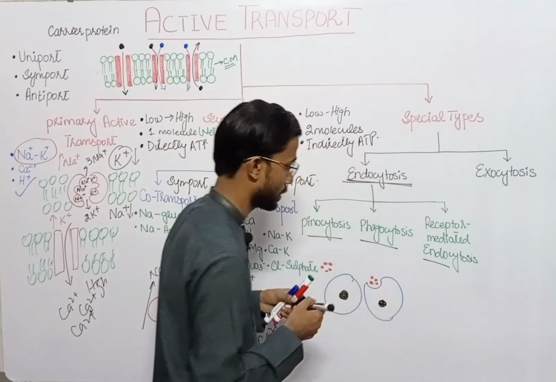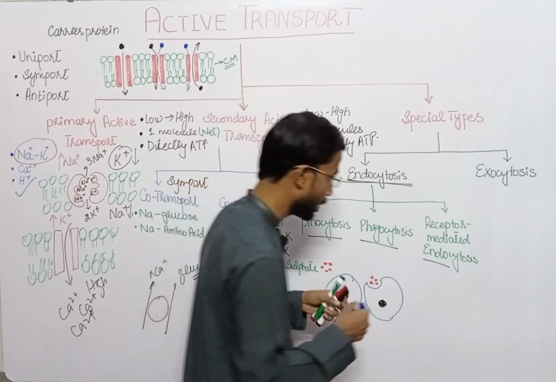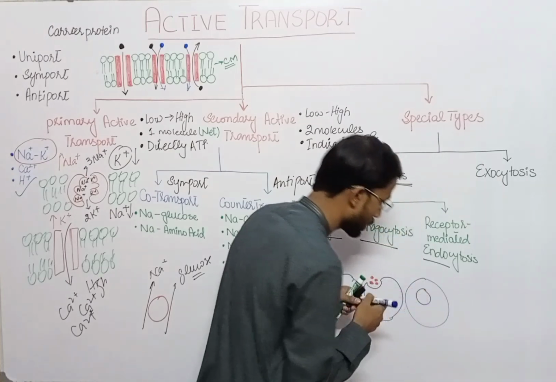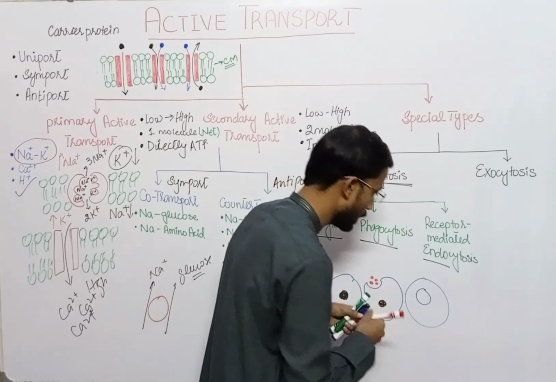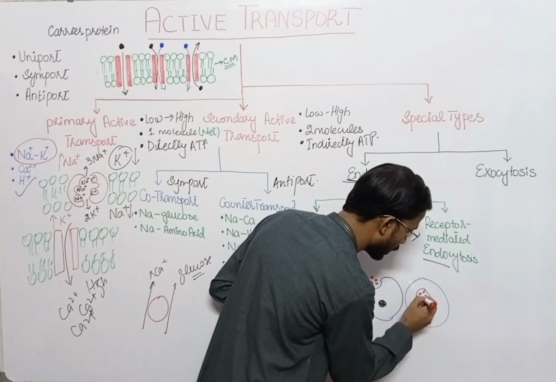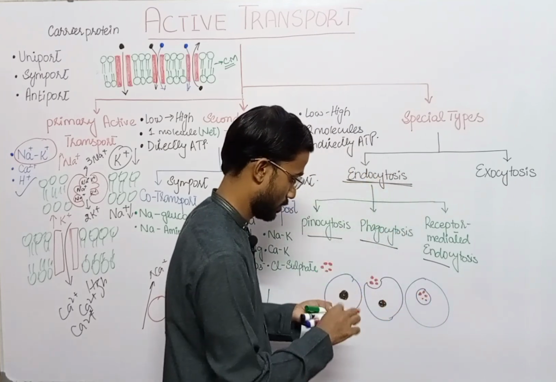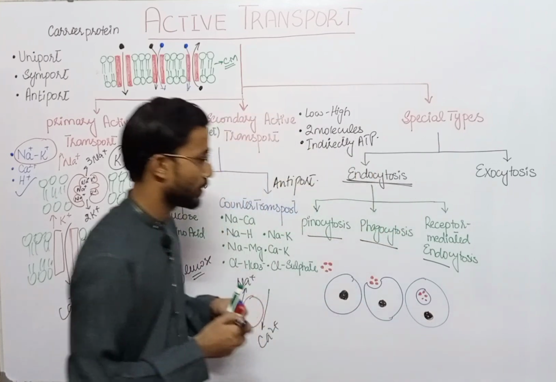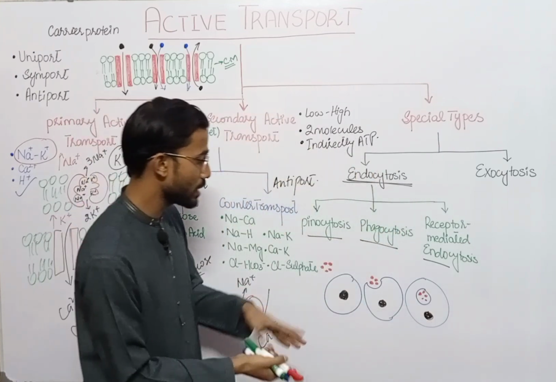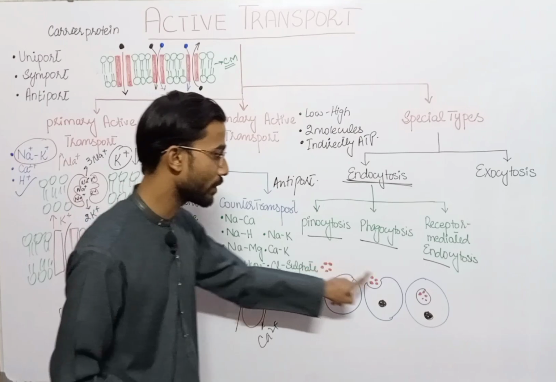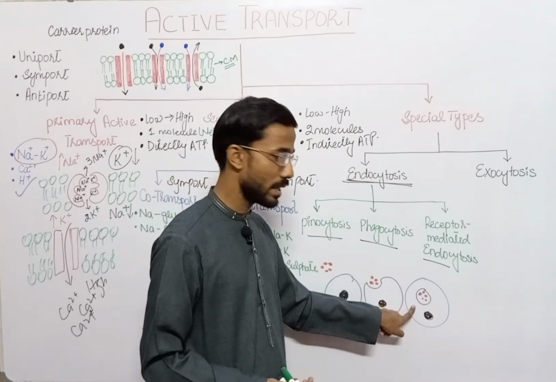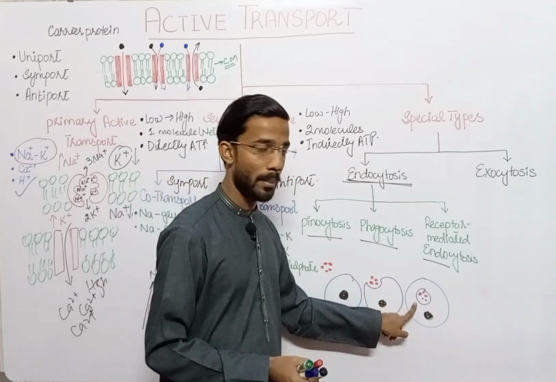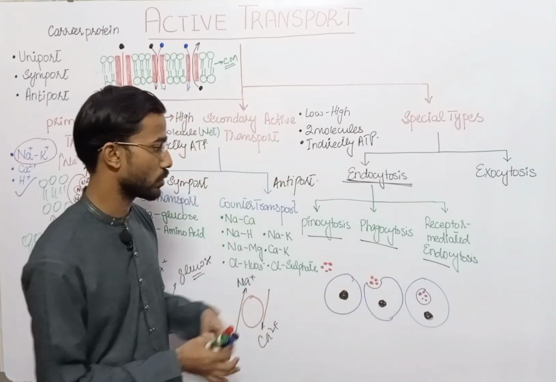After that, the cell membrane completely invaginates and engulfs these substances. So the substance which is present outside will move into the cell by the covering of the plasma membrane. This is actually the endocytosis.